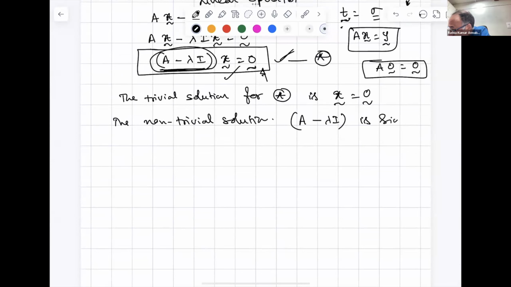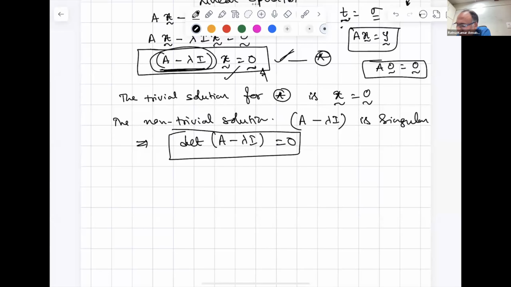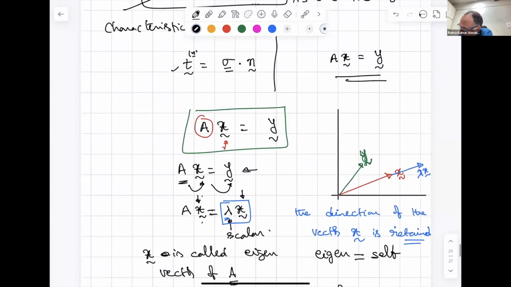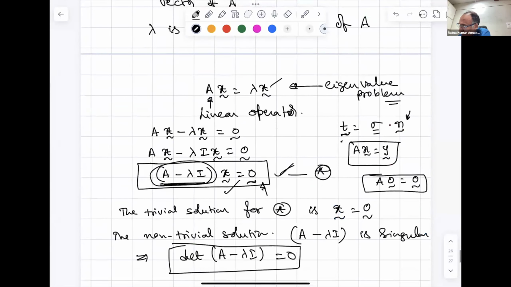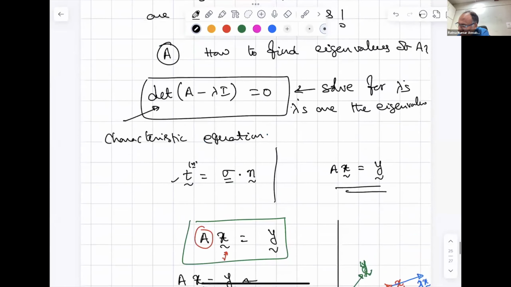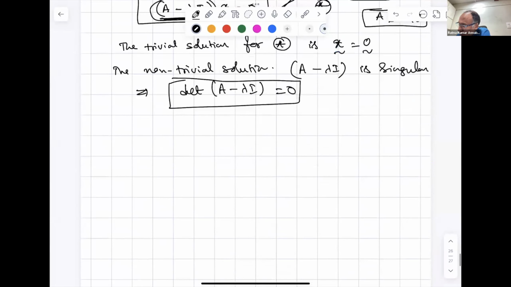No, singular means determinant is 0. That implies the determinant of A minus lambda I must be equal to 0. That is when the matrix A minus lambda I will become singular. And that is the reason why, whenever you are required to find the eigenvalues of a matrix A, you set the determinant of A minus lambda I equal to 0. Somewhere we have written here. The reason for that is this.